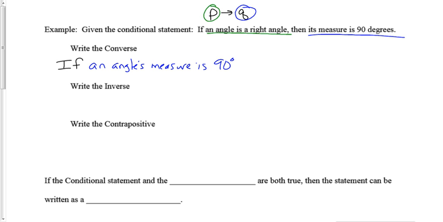And that's just how you write an if-then statement. The angle would be written in the hypothesis part. So if an angle's measure is 90 degrees, then now I can use the word it. It is a right angle. Again, if I'm writing too fast, pause the video so that you can get that all down.